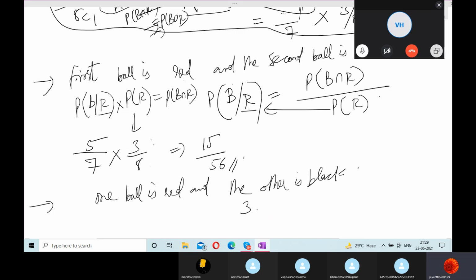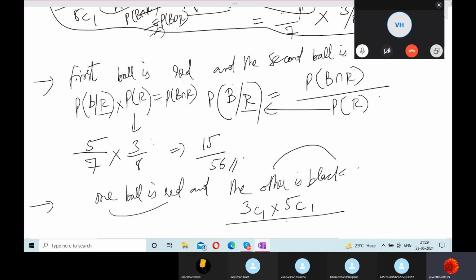3 red balls, 3C1 into 5C1. One ball is red and the other is black, divided by two balls we are taking out.